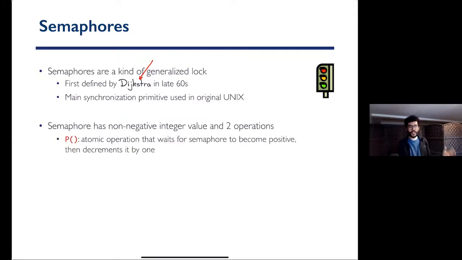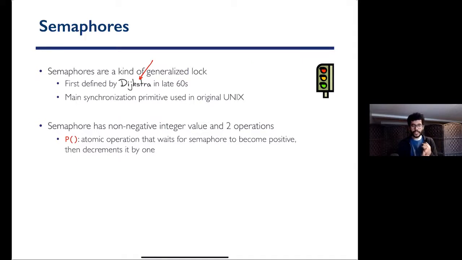After initialization, there are only two operations allowed on them. The first operation is P, and it's an atomic operation that waits for the semaphore to become positive, then decrements it. So atomically, this P is going to check the semaphore's value. So when you say semaphore.p, atomically, you're going to check the value.